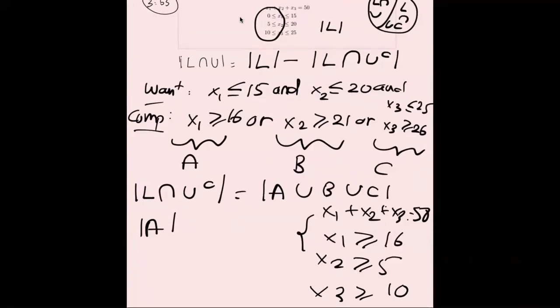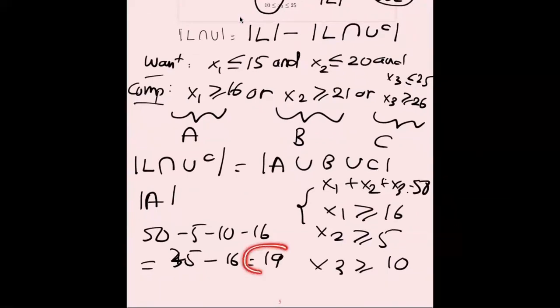And you will see that these become the distributing balls into bins problem that we did for question 2. We first give bin 1 16 balls, give bin 2 5 balls, give bin 3 10 balls. Then the remaining balls that we have left, I believe is 35 minus 16, which is 19.